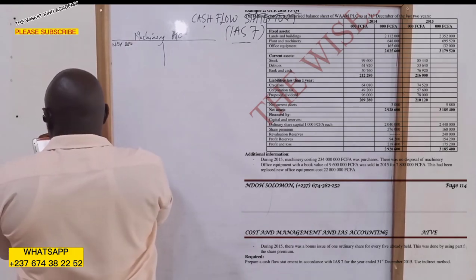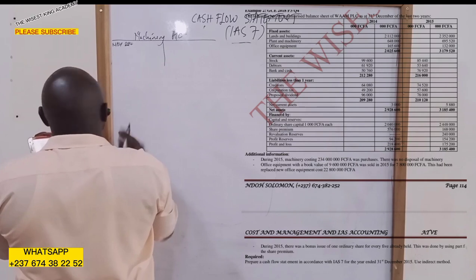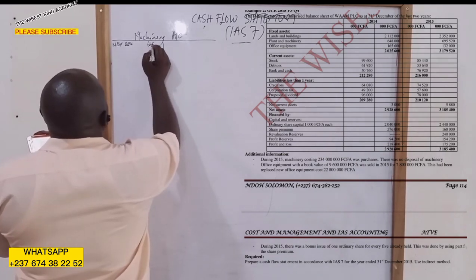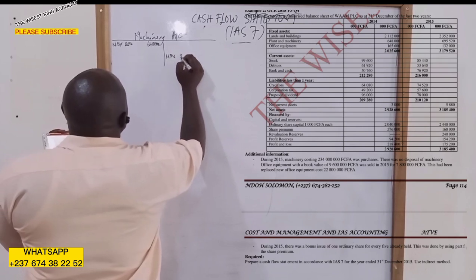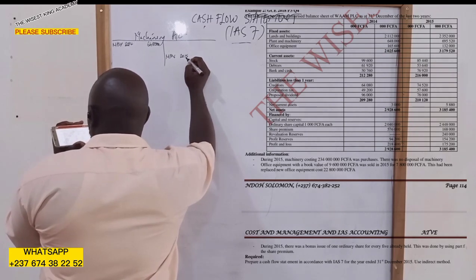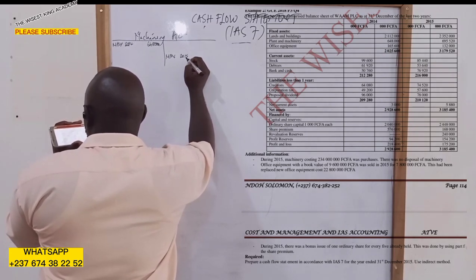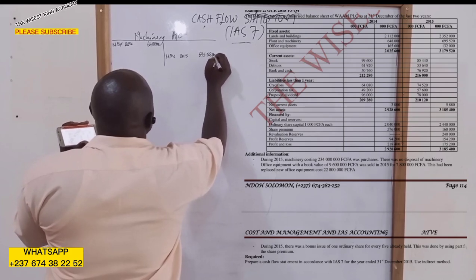The net book value for 2014 of machinery is 648,000. Then we have net book value for 2015, which is 695,520.